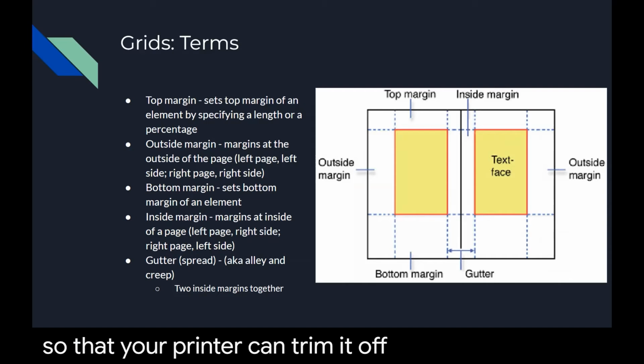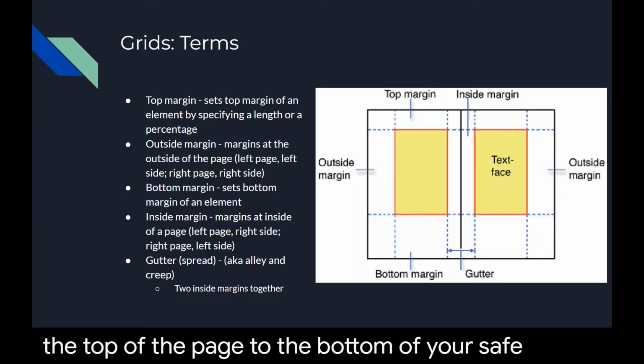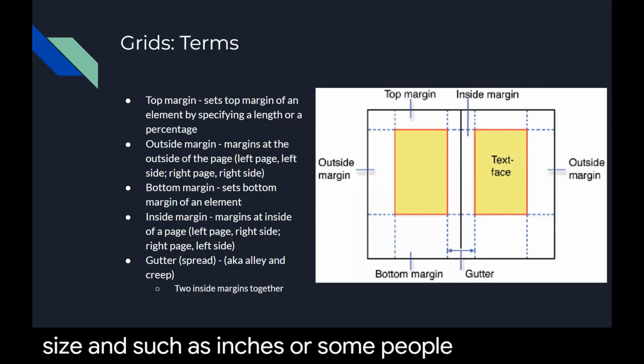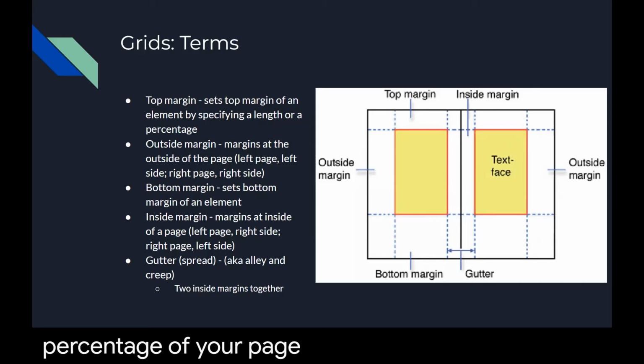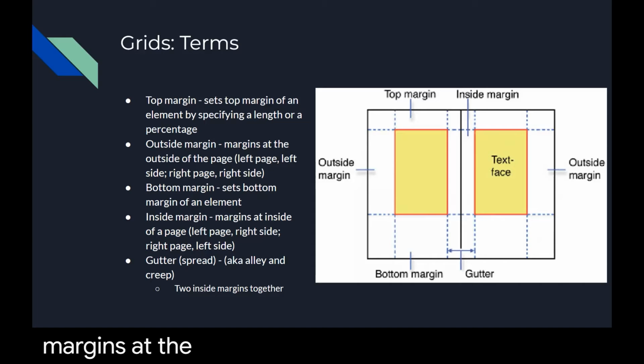Now, the top margin is the one that is at the top of the page to the bottom of your safe zone. And you're going to specify your margins either with a size, such as inches, or some people will use a percentage of your page or your spread to determine their margins as well. The outside margins are the margins at the outside of the pages.